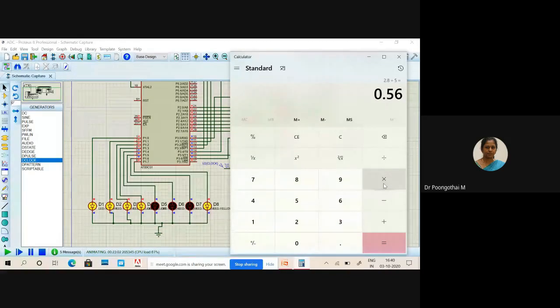size of your ADC, that is 2 power 8. 2 power 8 is equal to 256. Okay, multiply this value with 256. 143. So this is the decimal value.